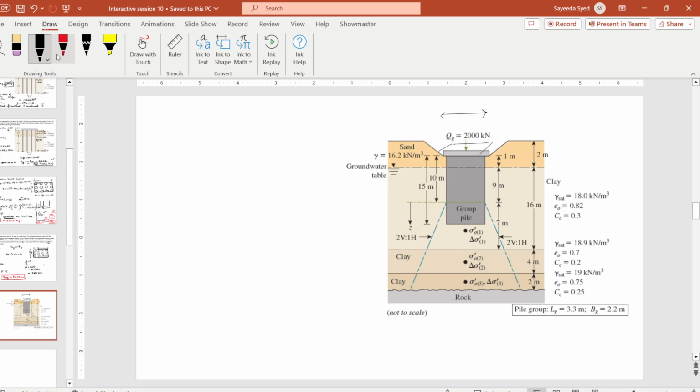The only thing is that we assume the load transfer starts at about 2L by 3, L being the length of the pile. So let's go over the steps.